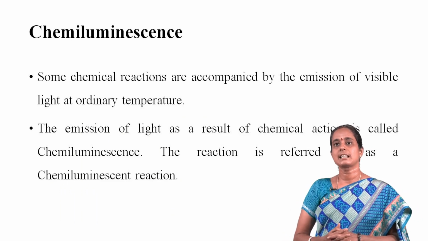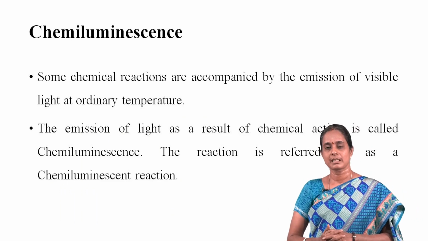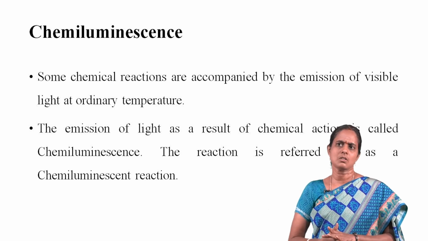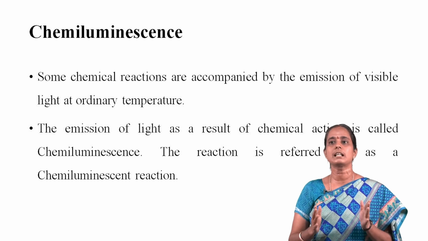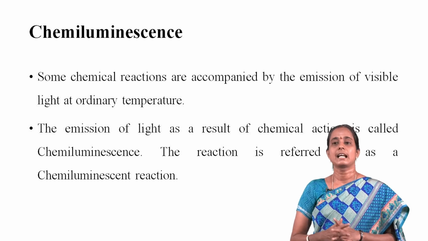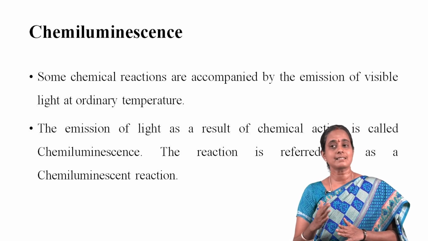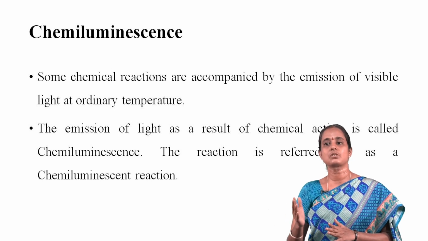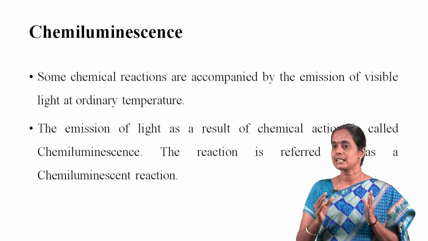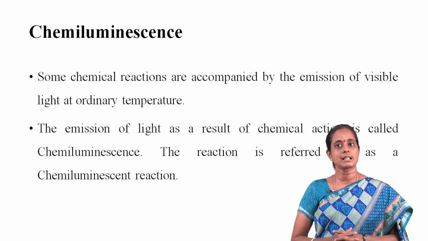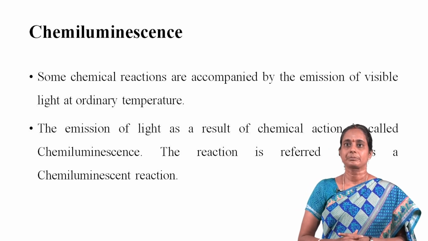The next one is chemiluminescence. Some chemical reactions are accompanied by the emission of visible light at ordinary temperature. The emission of light as a result of chemical action is known as chemiluminescence. This reaction is referred to as a chemiluminescent reaction.